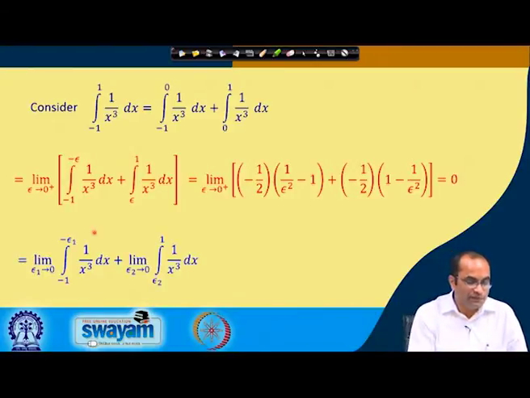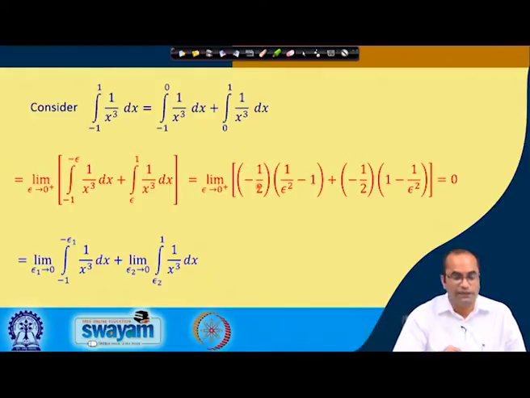But what will happen if we evaluate separately the first integral from -1 to minus epsilon 1 and then epsilon 2 to 1? In that case, we get exactly this expression with epsilon 1, and when epsilon 1 goes to 0 this will be unbounded, it will go to infinity.